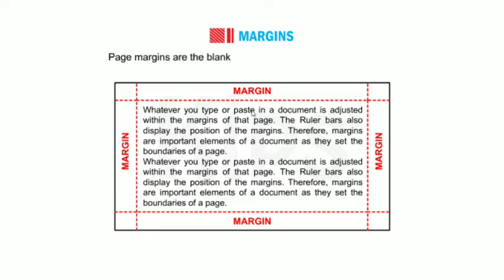Now we will see how we can adjust the margin of the page and what the different kinds of margins are. Page margins are the blank space around the edges of the page, the space between the edge of the page and the text, on all sides.